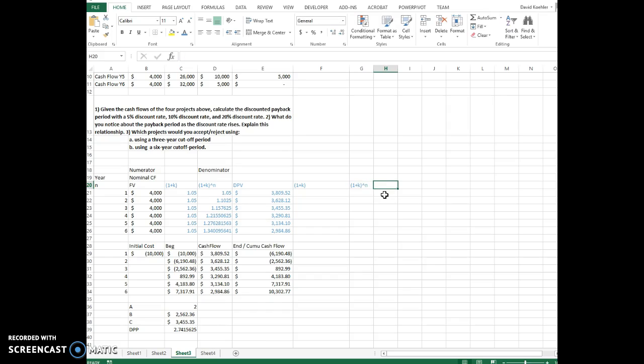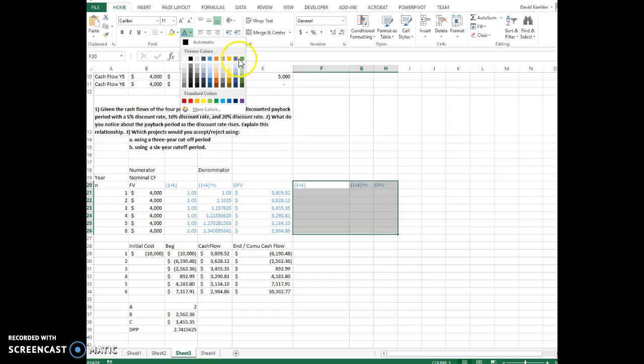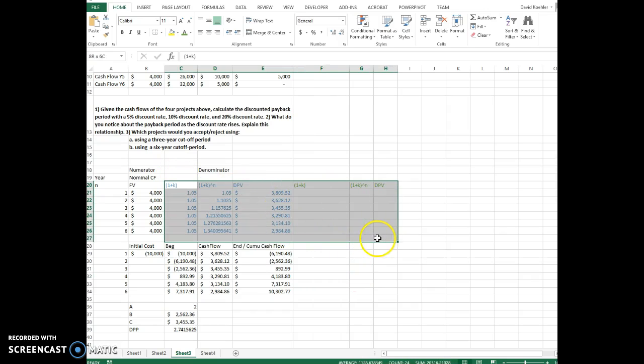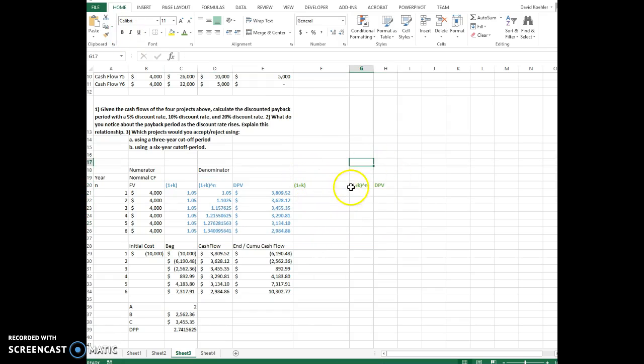And then I'll do a discounted present value. And then we're going to change this color. Let's make these something that you can see. How about green? We'll make all these bold so that we can see them a little bit better. Okay. So 1 plus k.